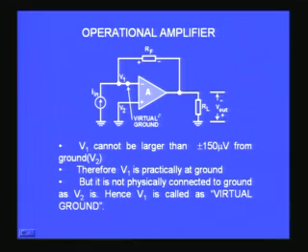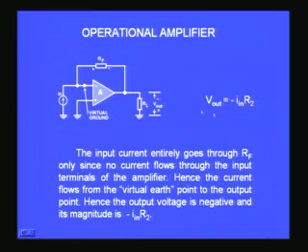So, output therefore is given as V output is equal to minus I in into RF, where RF is the feedback resistor. The output voltage is equal to minus I in into R2 or RF as the case may be, and this becomes much easier to understand because of the application of the concept of the virtual ground.